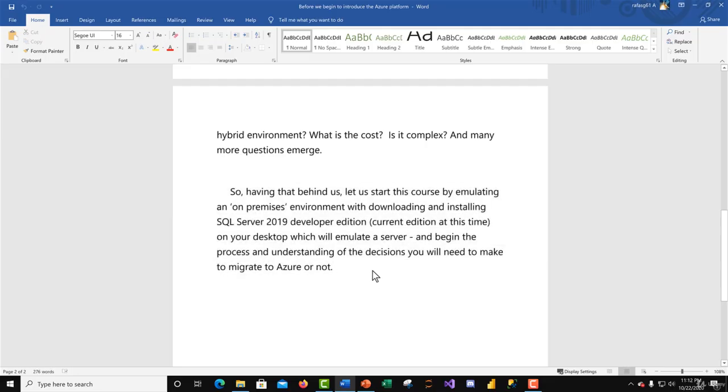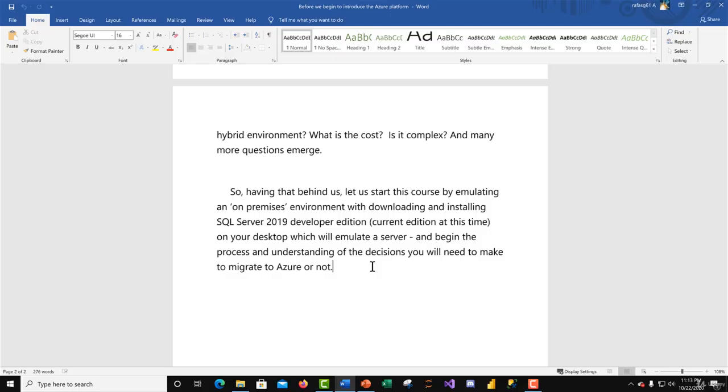In the next couple of videos, I'm basically going to emulate an on-premises environment. The on-premises environment will consist of your desktop, which will emulate a Windows server, and then on that we'll install the SQL Server, and then we'll restore the database. That will be our encompassing environment, our on-premises.